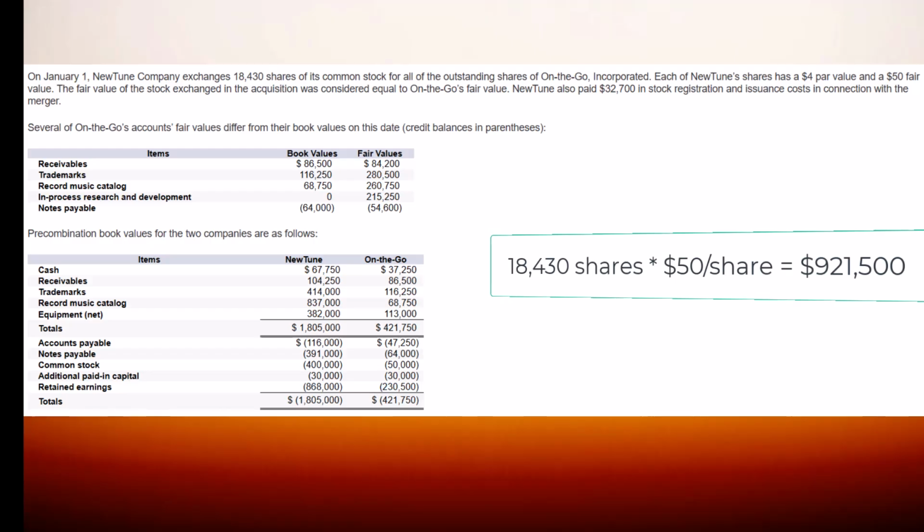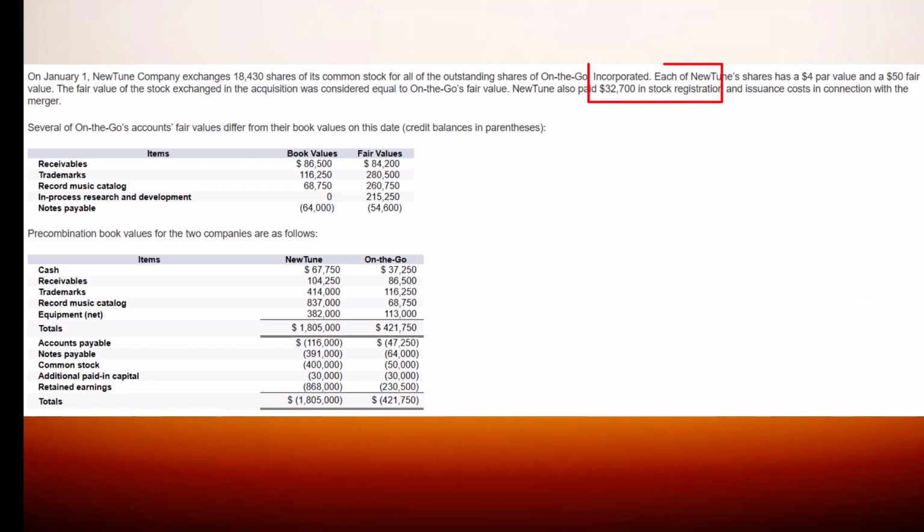That gives us a total consideration transferred of $921,500. This is the purchase price. Also, note the $32,700 in stock issuance costs. We'll deal with those later, but it's important to remember they are not part of the acquisition price. They are a financing cost.